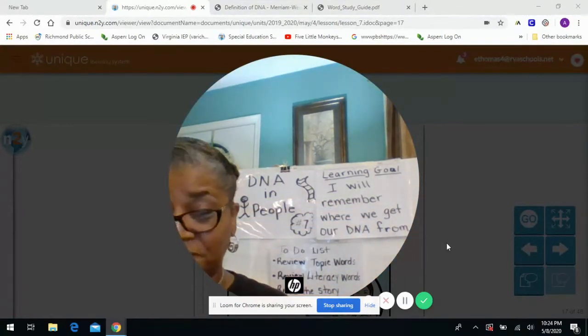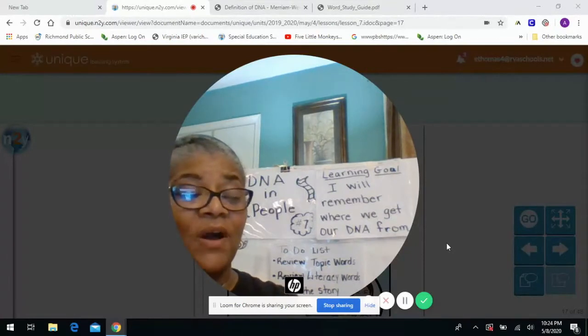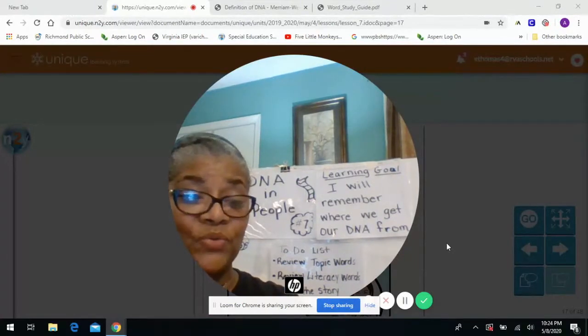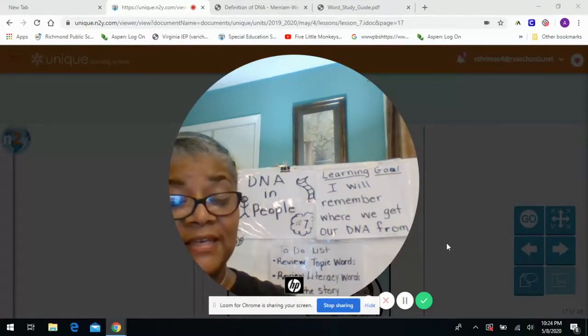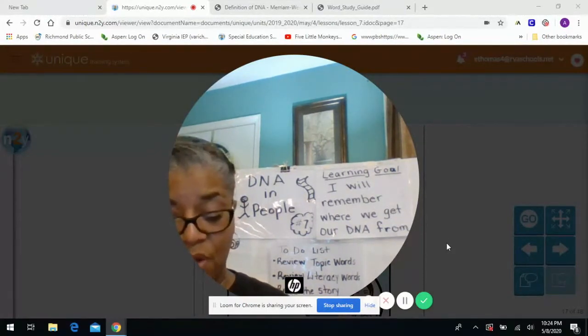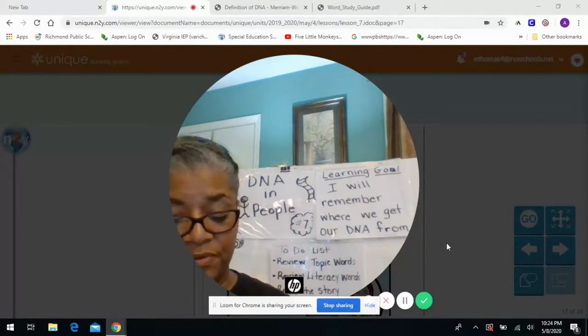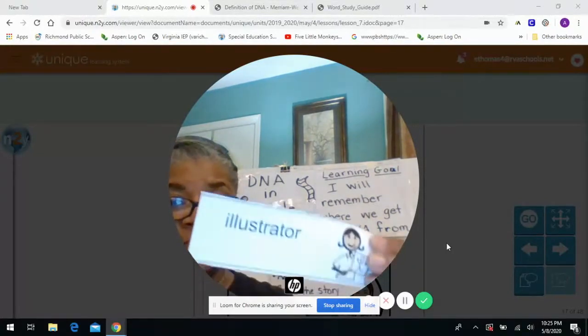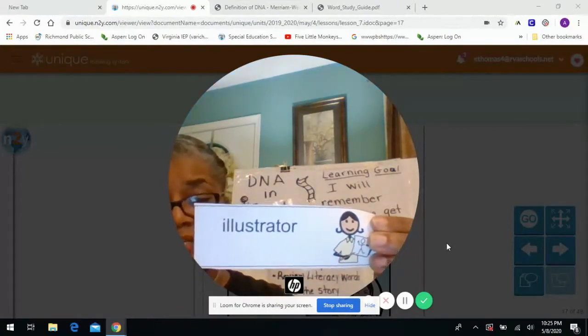All righty. So we've gone over our topic words, and these are the words you're going to see in our reading today. Now, when we are reading, we always have to talk about our literacy words. The first one is illustrator. What does our illustrator do?